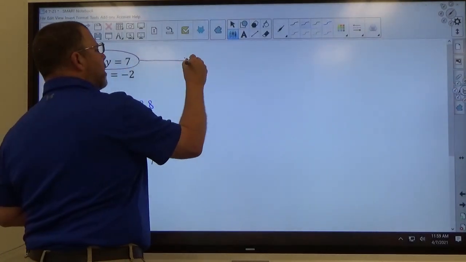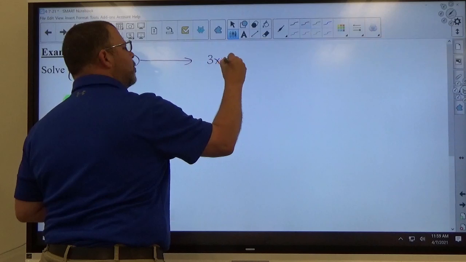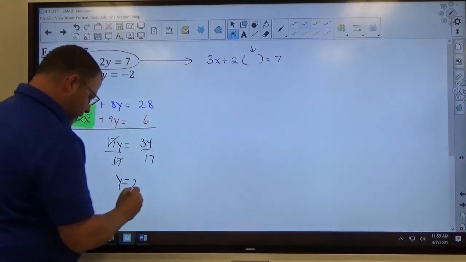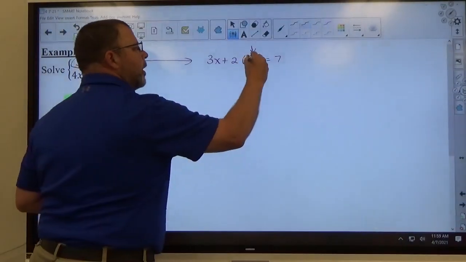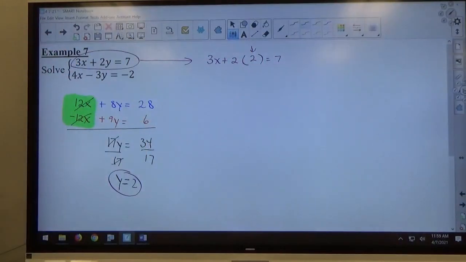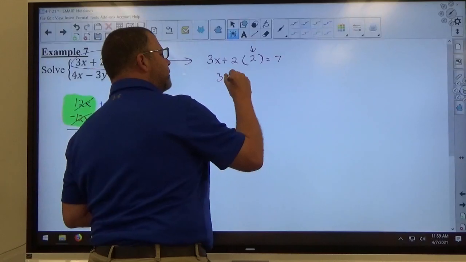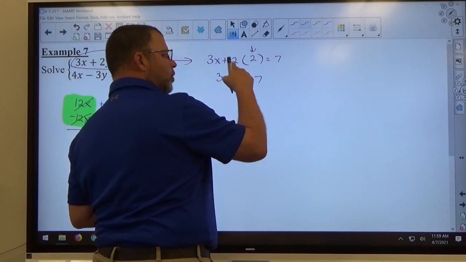So I take that equation, write 3x plus 2y equals 7. Instead of writing y, though, I'm going to write y equals 2. I'm going to put a 2 there, simply substituting its known value in once we figure out what its known value is. 3x plus 4 equals 7. 2 times 2 is 4.